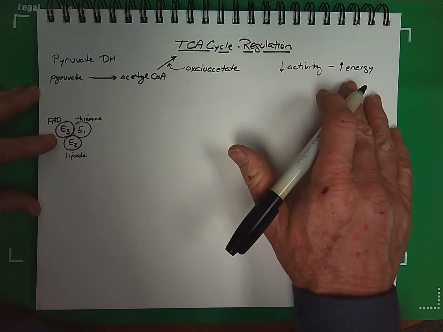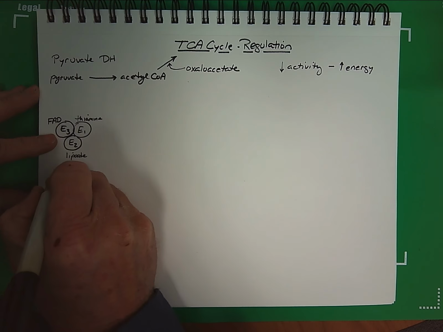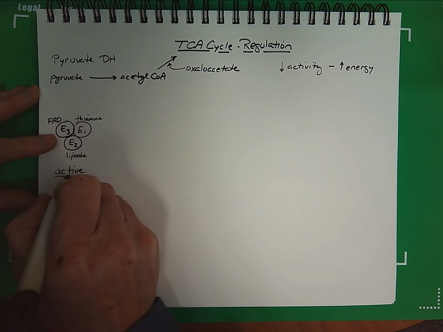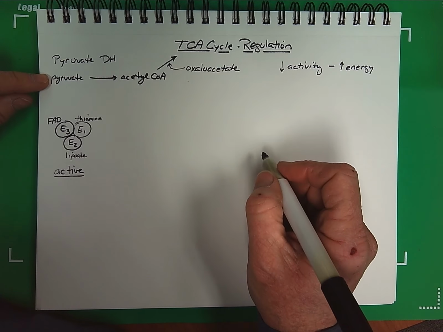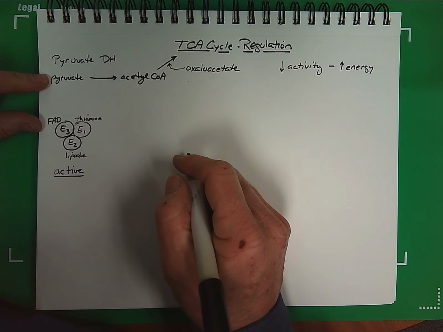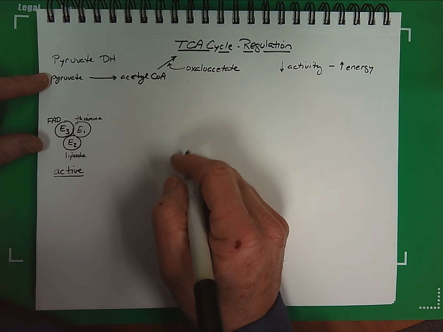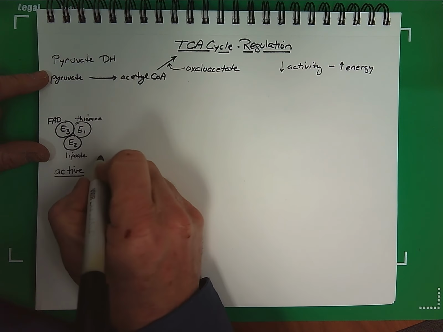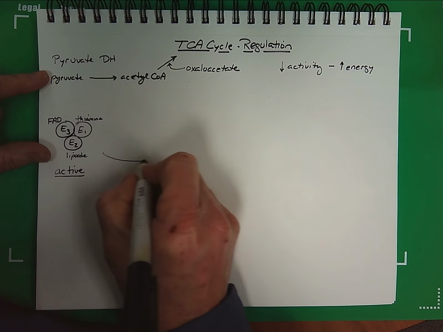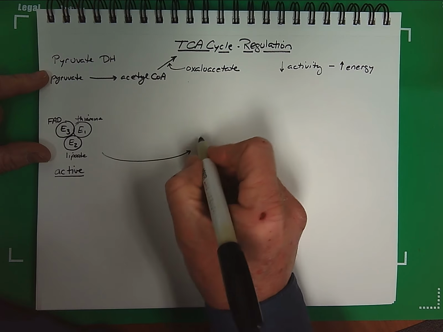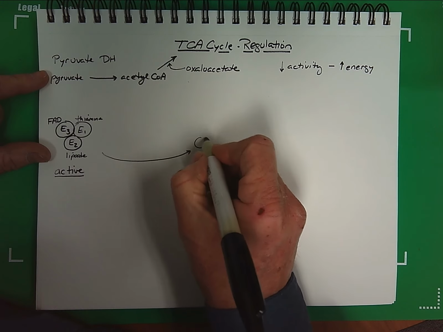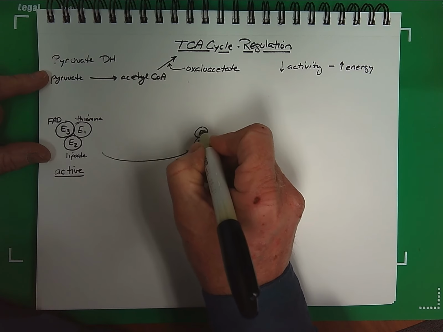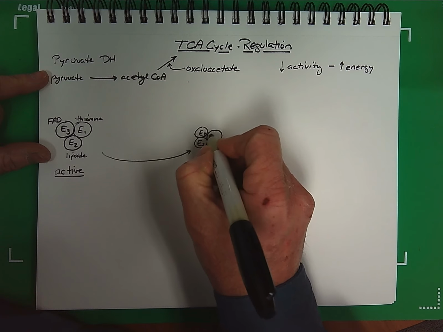Now, under conditions of low energy state, we can assume that this enzyme is in an active state. Active means it is continually processing pyruvate into acetyl-CoA. Now, in order to regulate this enzyme, we are going to call on an accessory enzyme. And what this accessory enzyme is going to do is convert the pyruvate dehydrogenase complex into an inactive state.